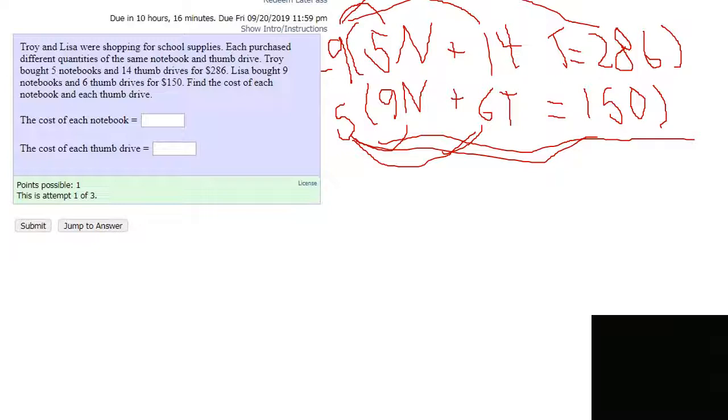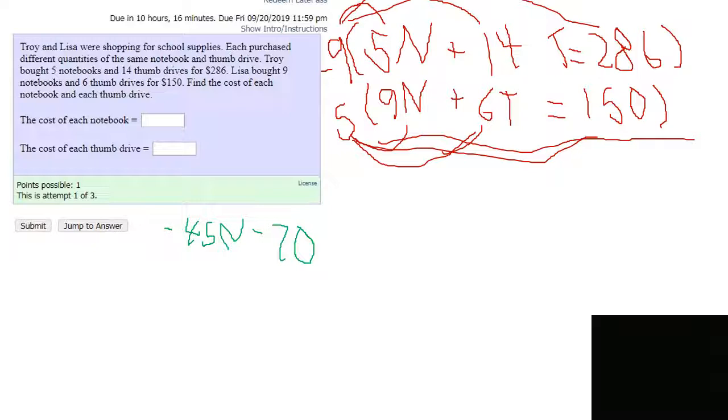I have a negative 45 N minus 70 T. Oops, nope, that's not right. Negative 9 times 14.